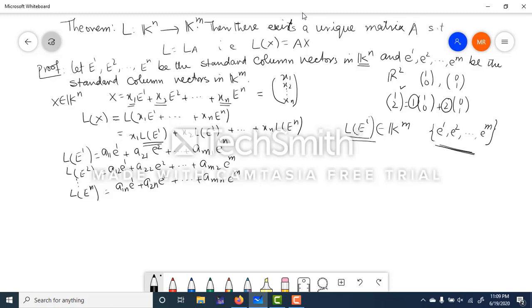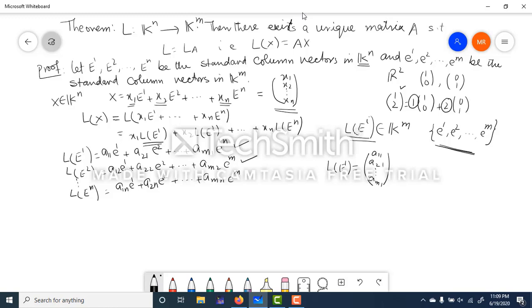Or further, we can write L of e1 as this column vector a11, a21, up to am1.